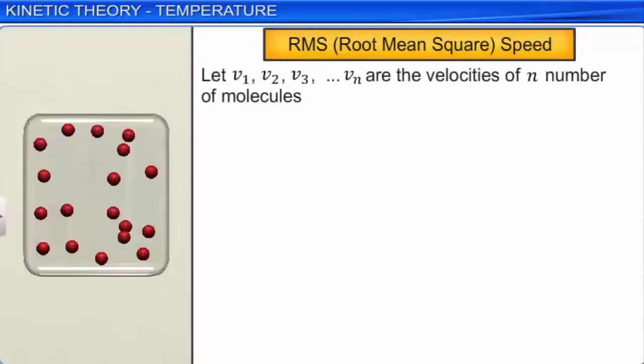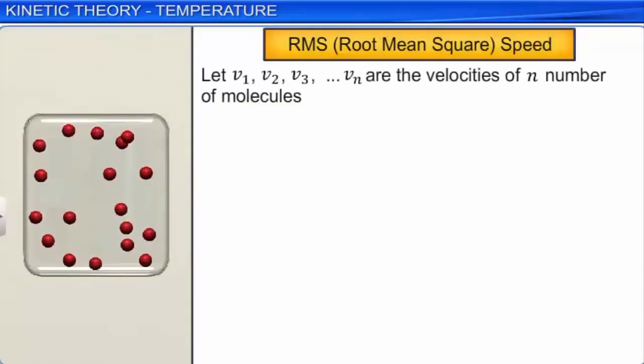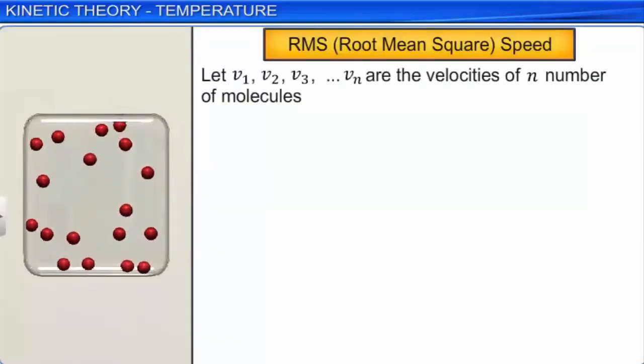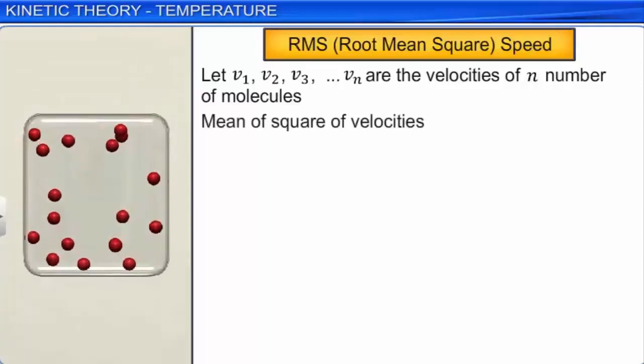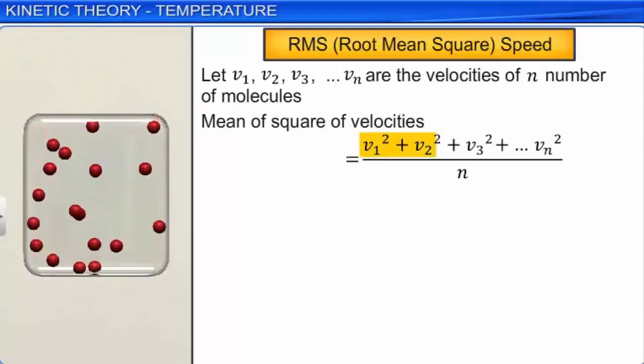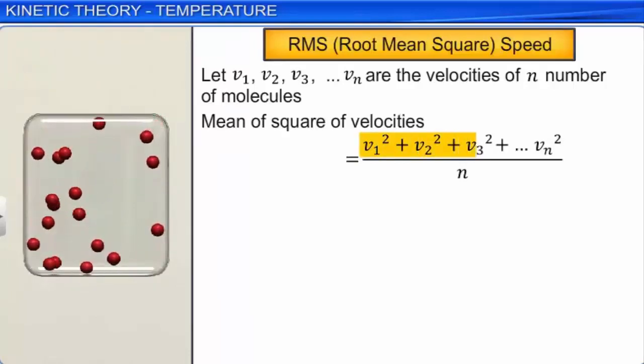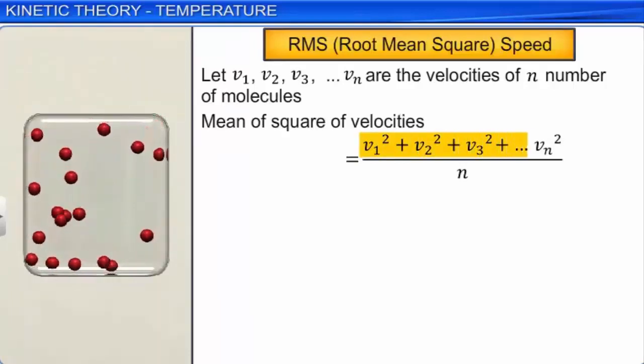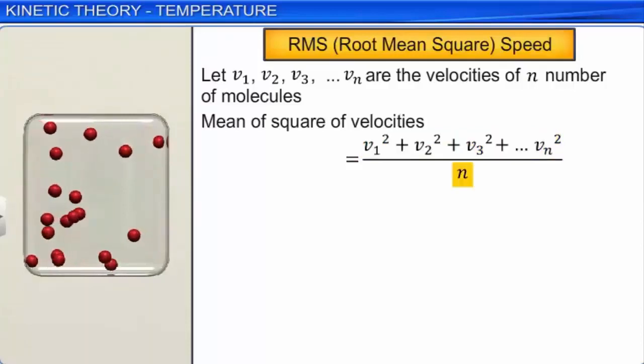Let there be n molecules in the sample and their velocities V1, V2, V3, and so on, Vn. The mean of the square of the velocities is equal to V1 square plus V2 square plus V3 square plus so on, Vn square, divided by n.